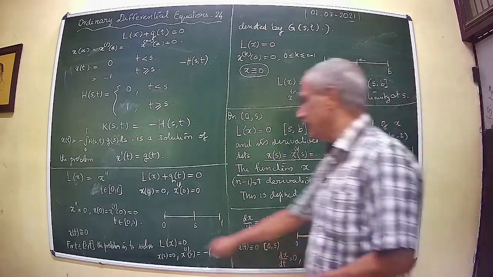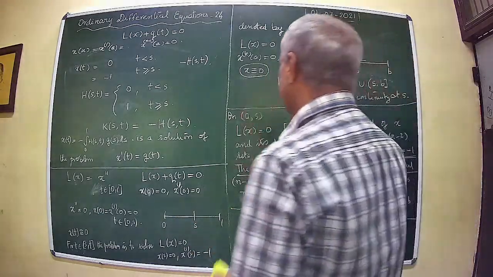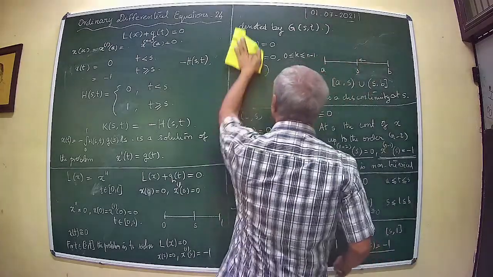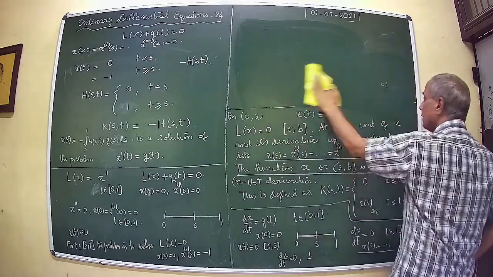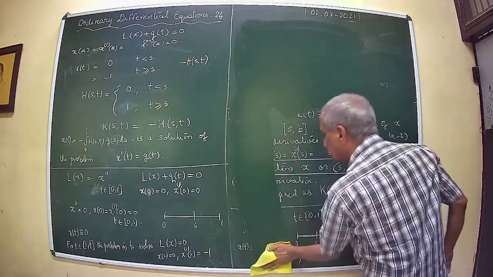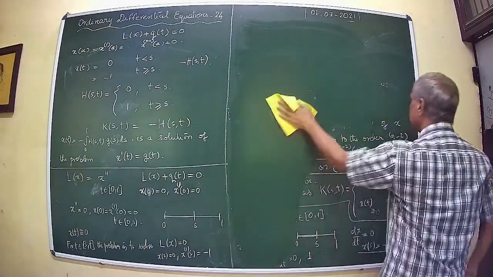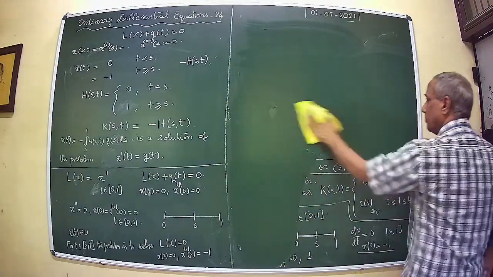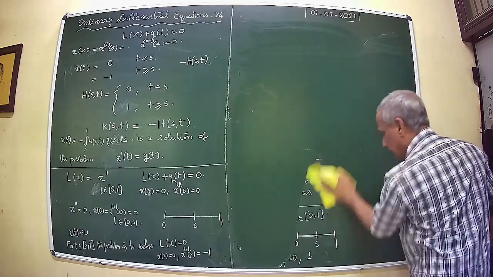Okay, that is what you have to solve. So that you can see the definition of the Green's function. If you put these functions together on the interval 0 to 1, you will get the Green's function. Let us compute this.